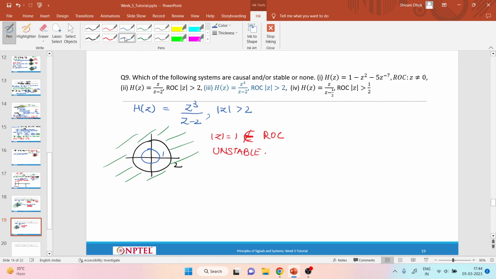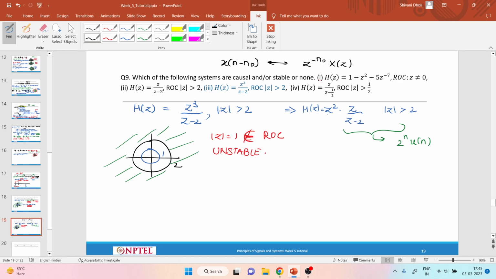What about causality? For that, we can write this h of z as z squared into z upon z minus 2, and region of convergence is magnitude of z greater than 2. We know that this part has inverse z transform 2 power n u of n, but now we have this factor here, and we'll again use the time shift property, which says that if I shift x of n by n naught, then the z transform is z power minus n naught into x of z.